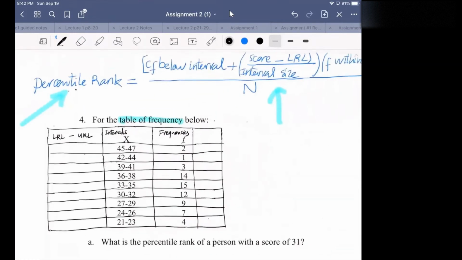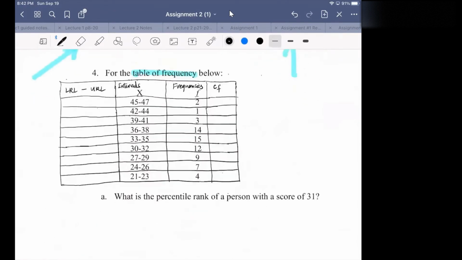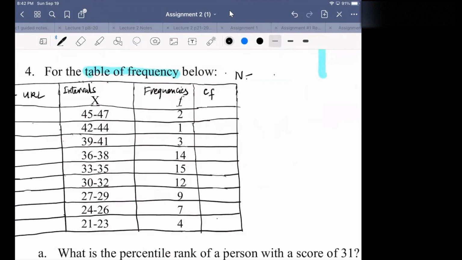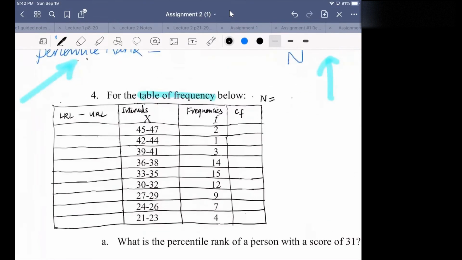You also need to find the cumulative frequency of each interval. And after that, we are going to find the sample size, N. All right, so let's start with the limits.